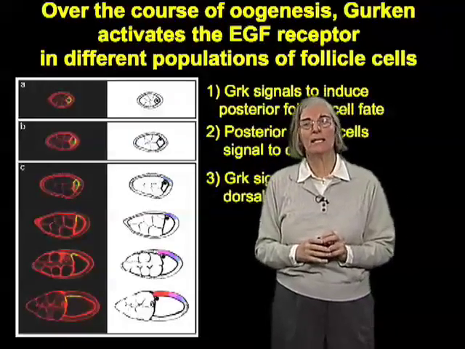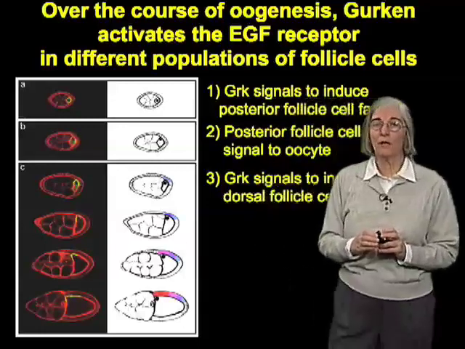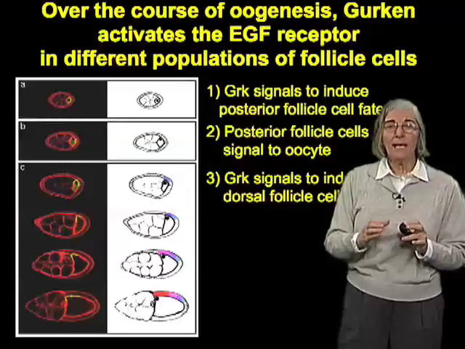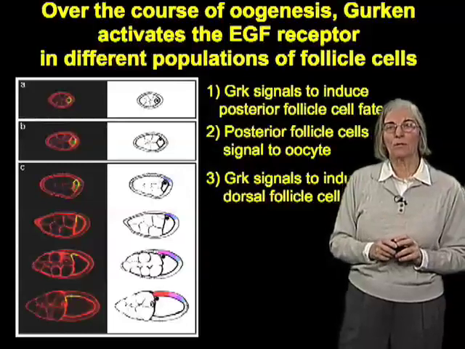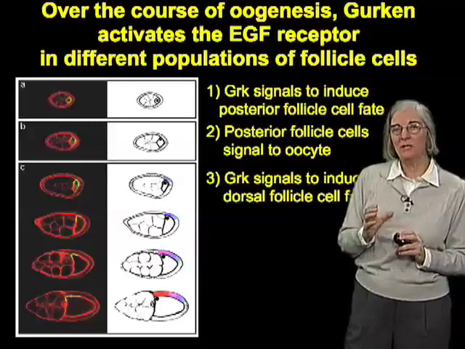So in this uppermost panel, you see in the small oocyte, the Gurken protein already being expressed. The oocyte at this stage is very small, and Gurken signals at this stage to the follicle cells at the posterior end of the egg chamber. It induces those follicle cells at this stage to be posterior.